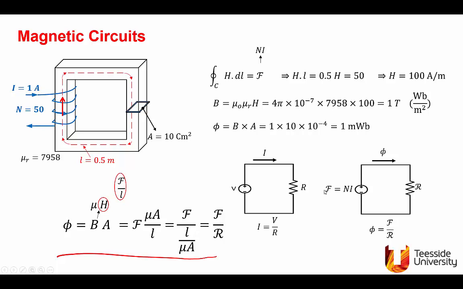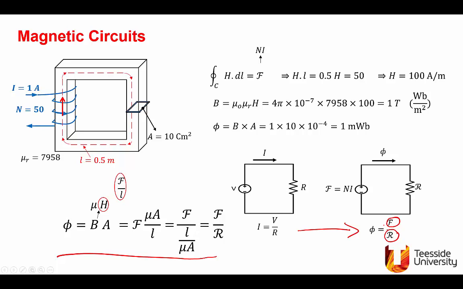It drives a flux phi across a reluctance R, and the equivalent relationship to Ohm's law is phi is the magnetomotive force over the reluctance.